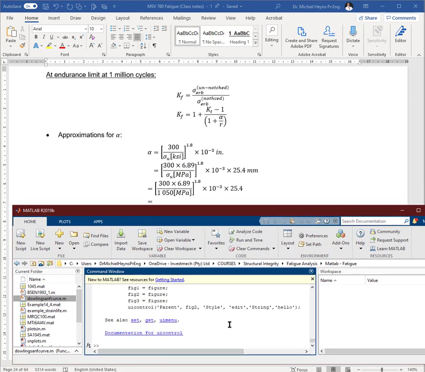So here we have 300 times 6.89 to take it to MPa, divided by 1050 to the power 1.8, and then we multiply this by 25.4 to get the answer in millimeter, but remember there's a 10 to the minus 3, so multiplied by 1e minus 3. Right, and my answer is 0.086.